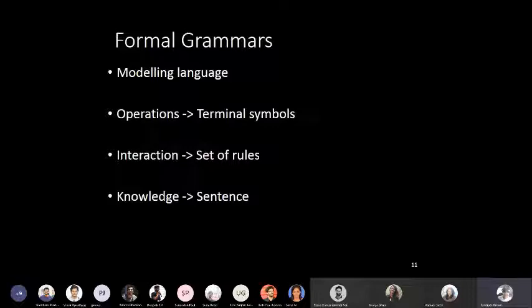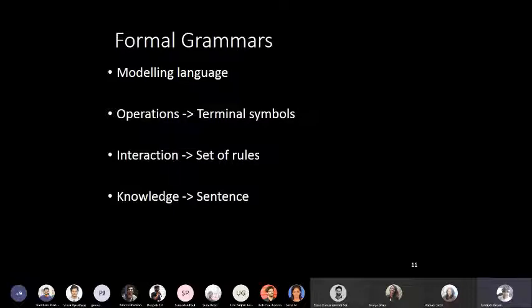Think of the English language: we have a set of terminal symbols or alphabet, A B C D E F G H, then we have a set of rules to construct words and to set up words in a sentence, and then we have knowledge by which we can combine these words into meaningful sentences.